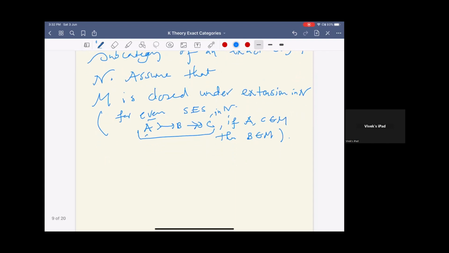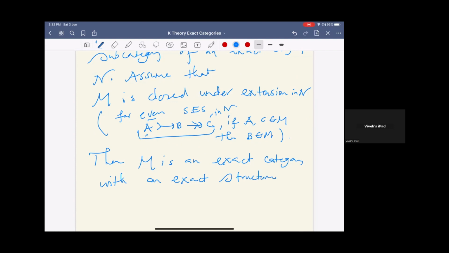Then this lemma says M is an exact category with an exact structure inherited from N. So basically the exact structure of N induces the exact structure on the subcategory M under this condition, that M is closed under extension.